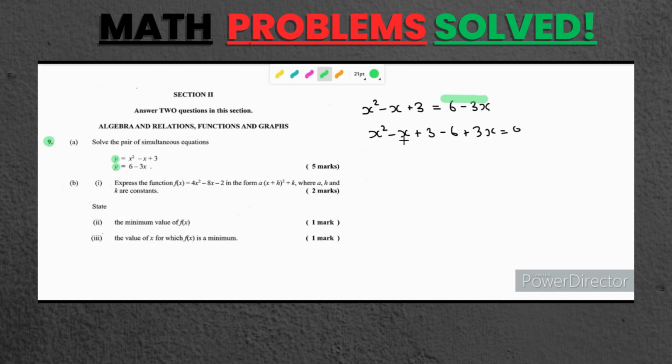Then we will combine the similar terms. It's x and it's x, so negative x plus 3x. There is no similar term with x squared, so we will write x squared and it's 2x minus 3 equals to 0, right?